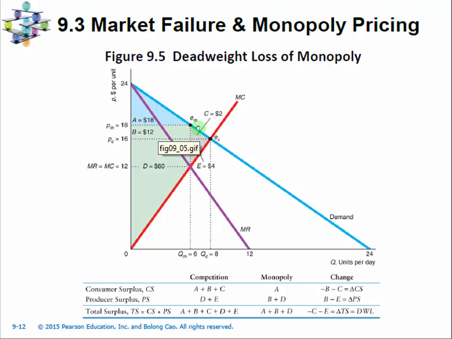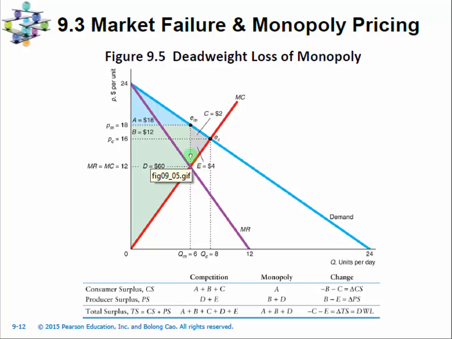This is very similar to the picture we have seen in Chapter 8, when you have a price ceiling or price floor that is effective or binding, or a tax, creating a deadweight loss. But here, there's no government intervention. This deadweight loss is created by the monopoly pricing policy. And this is an inefficiency.